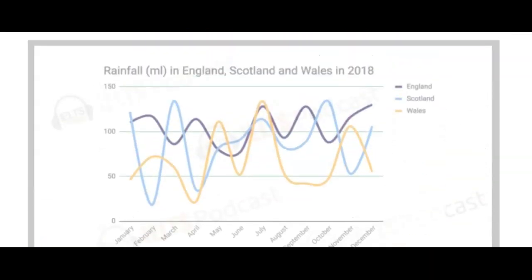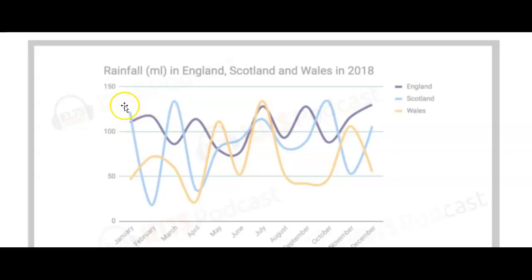Now, I already told you the data points that I think are important for England. Let me tell you the important ones for the other two countries as well. So I'm going to start with Scotland. And the reason I start with Scotland is because it's the one that starts the year with the highest rainfall. And that's one of the things that I like to signpost. Okay? So you could say of the three countries, Scotland started the year with the highest rainfall at 130 ml or whatever, 125, whatever that is.